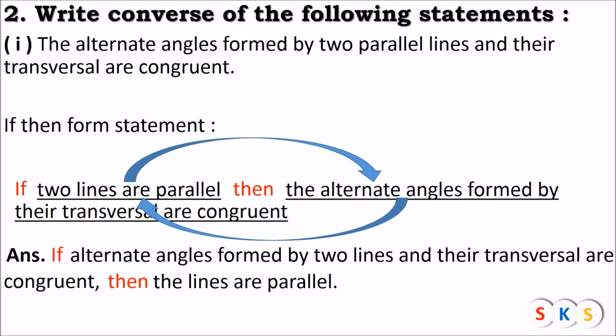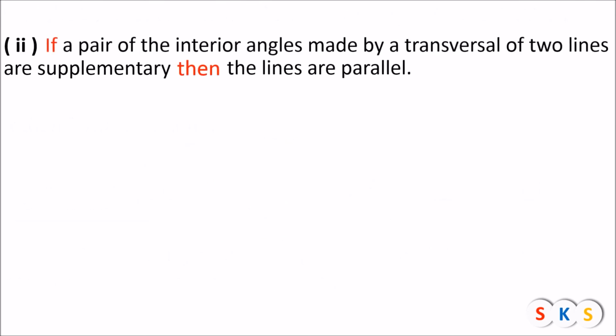Now here we have question number 2. If a pair of the interior angles made by a transversal of two lines are supplementary, then the lines are parallel. This statement is already given in if-then form, so it's very clear which are the antecedent and consequent of the statement. So here we will interchange antecedent and consequent.